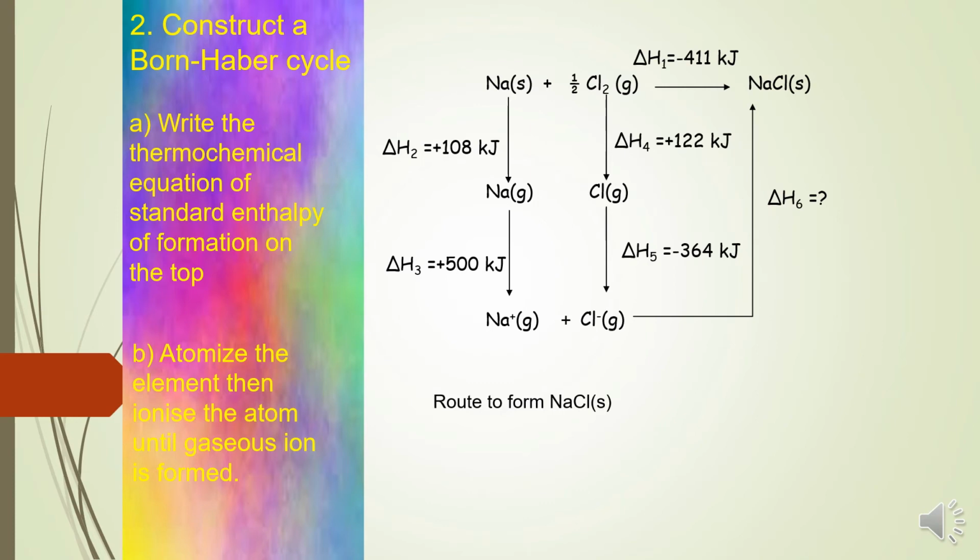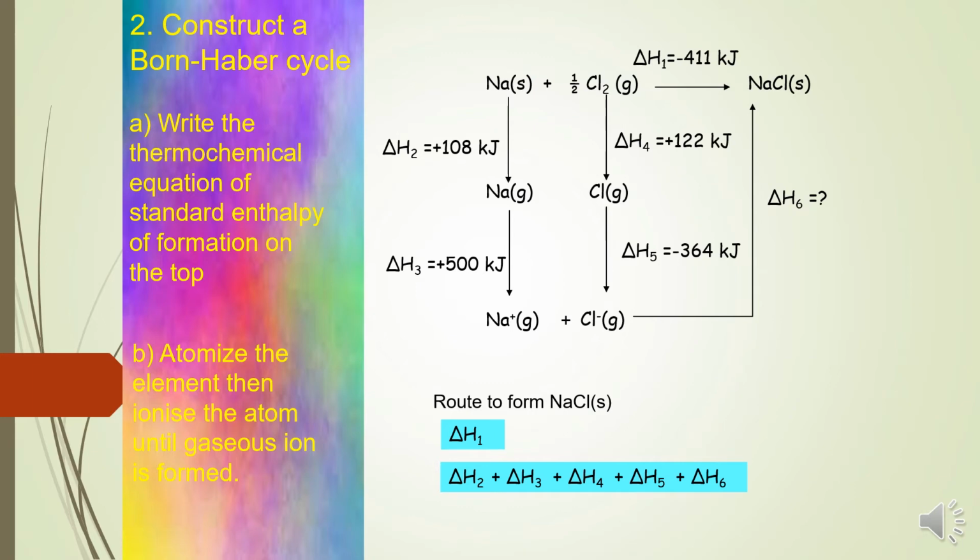From the cycle, there are two routes to form sodium chloride. Route number 1 is via delta H1. Route number 2 is the sum of delta H2, delta H3, delta H4, delta H5, and delta H6.